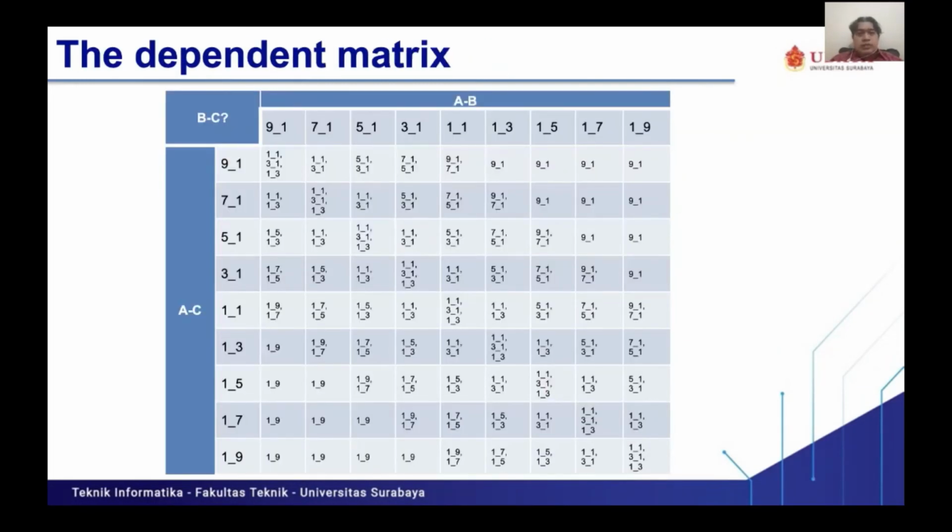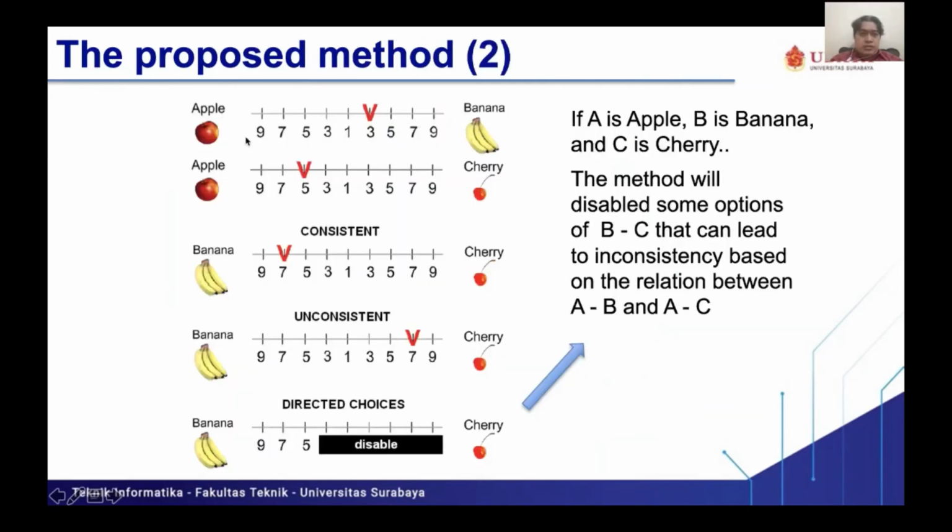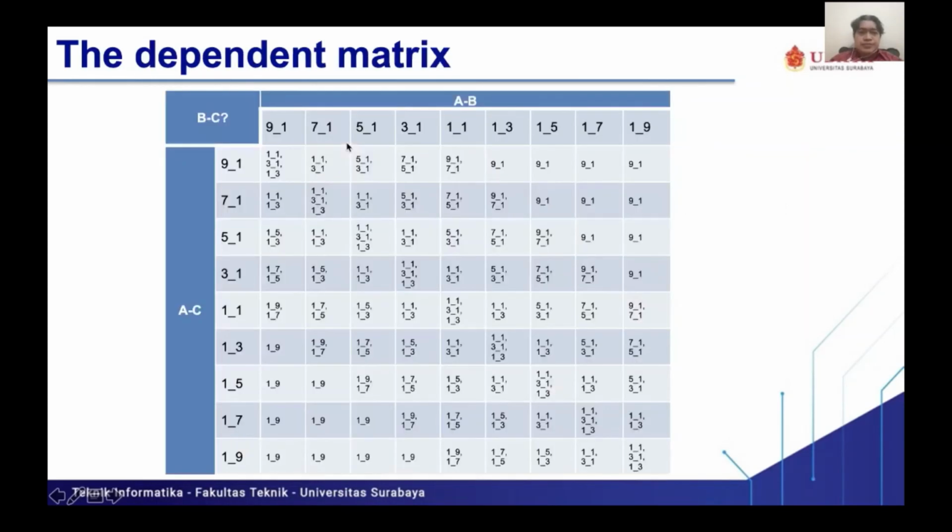It will need a dependent metric. For example, there's a connection between A and B. This one mostly prefers A, and this one strongly prefers B. 9-1, 7-1, 5-1, etc. This combination presents the preference.